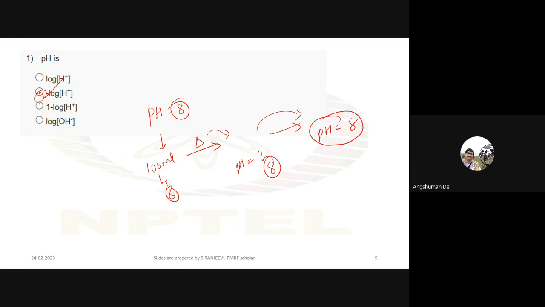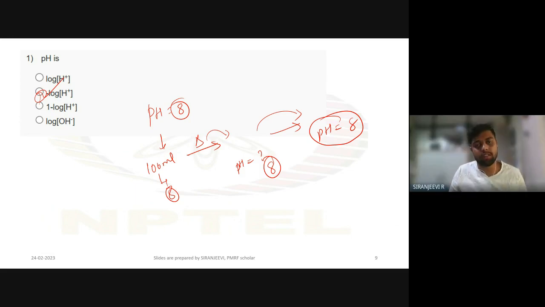Please explain, sir. Okay, the question is: you are preparing 100 ml of a buffer. I asked you to prepare a buffer of pH 8. You prepare it, you check it, it's pH 8. Then you boil it. After boiling, in that heated condition, you check the pH again.